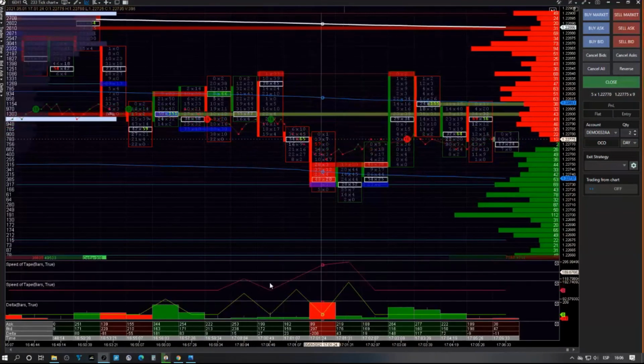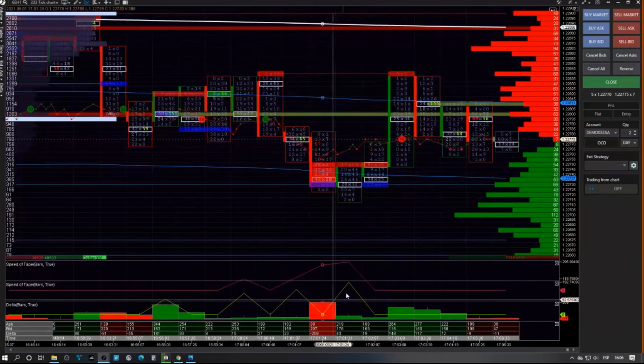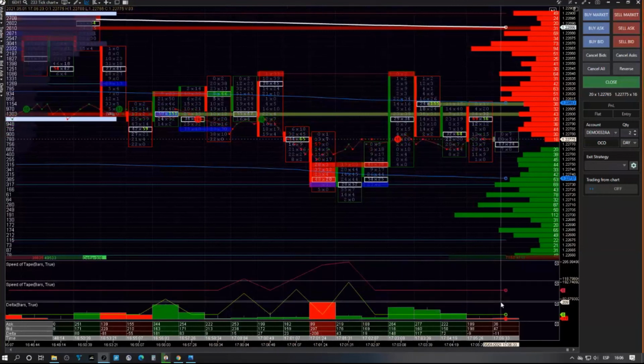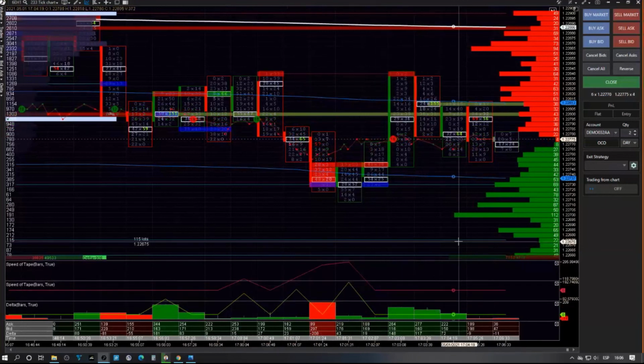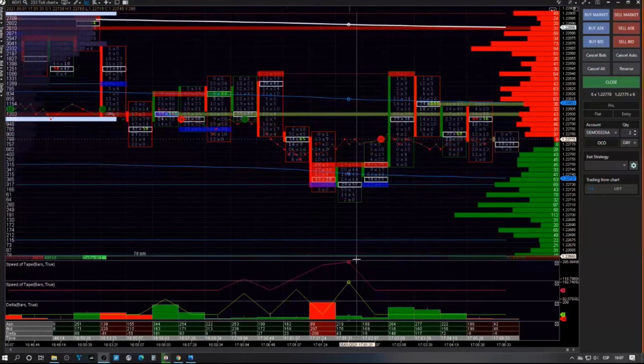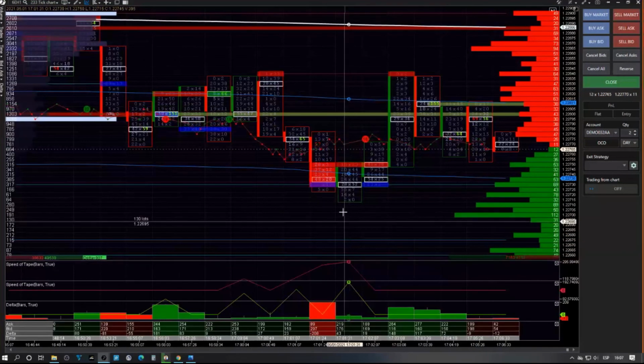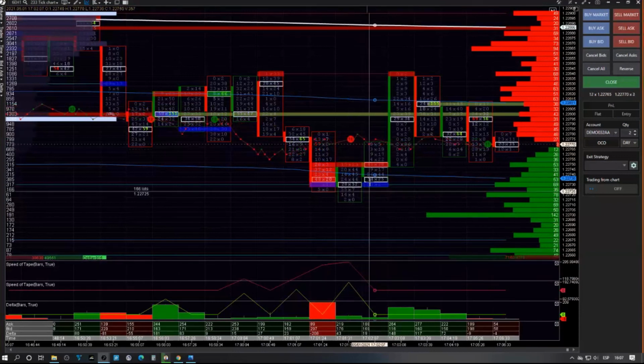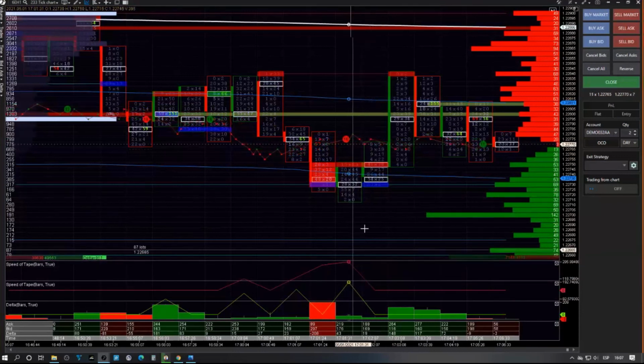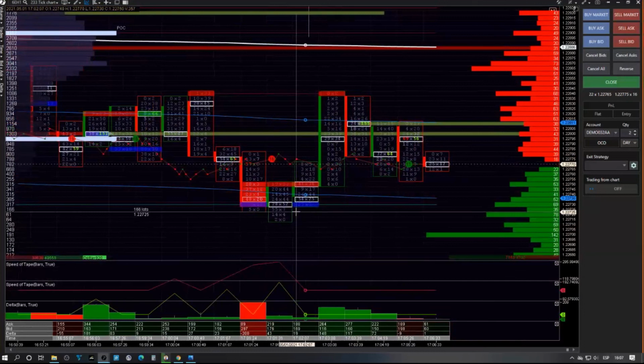And also I have these little lines here. They tell me who's being aggressive at a given time, how much effort they're putting to push the price down or up, and if they're failing or not.